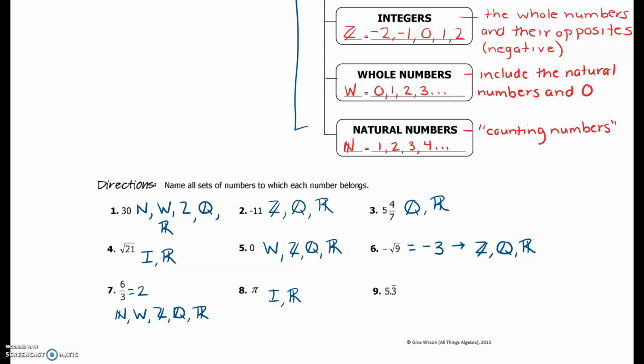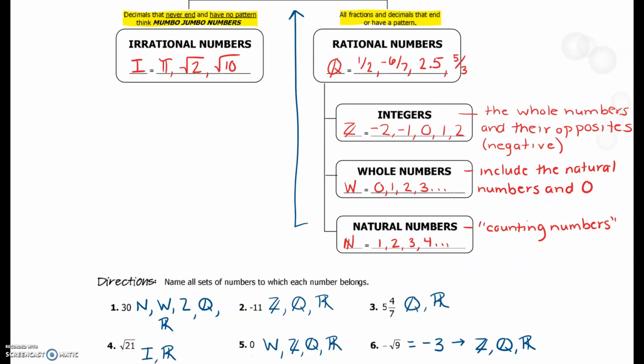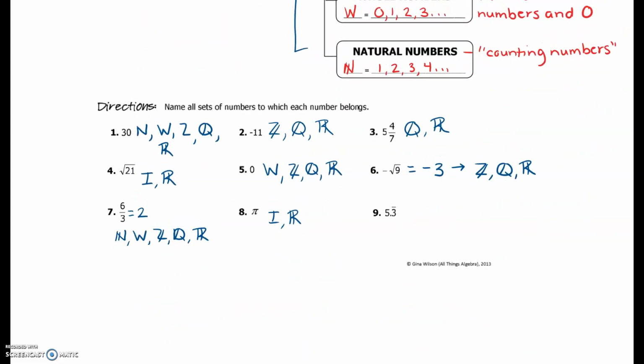Repeating decimals belong in the rational numbers group. It has a pattern. So if it's a repeating decimal, you would get 5.3 repeating. That's a rational number. So at the bottom, I am going to include this as the rational number group in the most specific form, and then working my way up the chart, this would also be a real number.